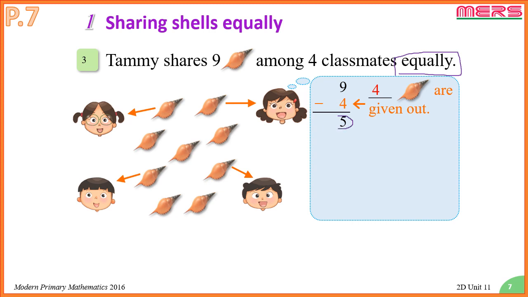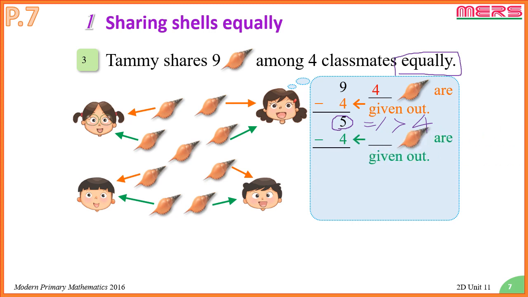You see that if the remainder here is equal to or bigger than 4, you must share it again. So we share the shells again, and 4 shells are given out at that time. So the remainder is 1.